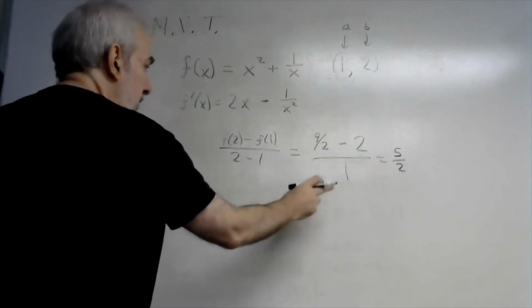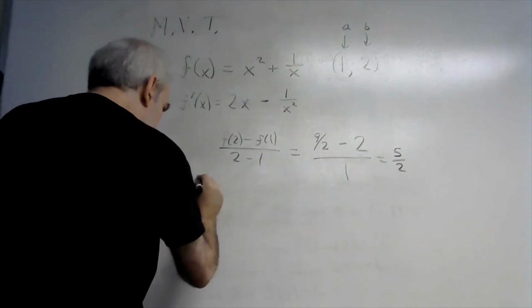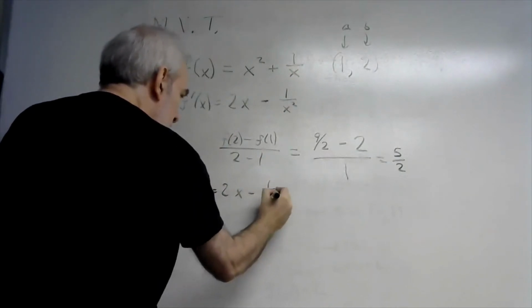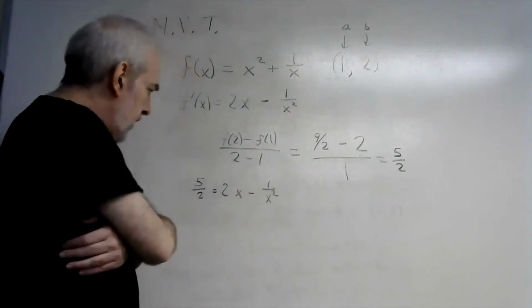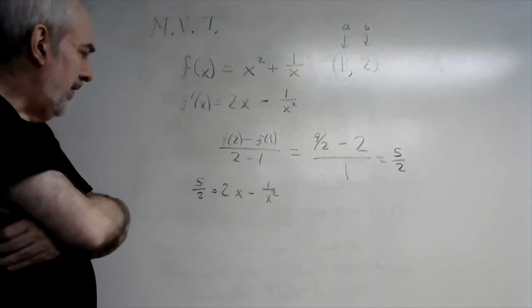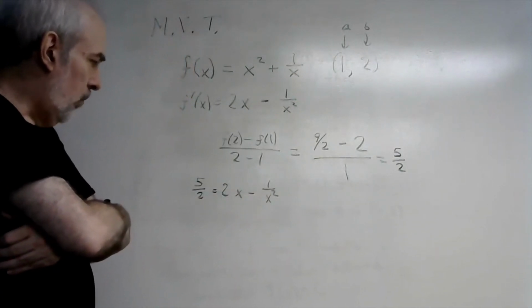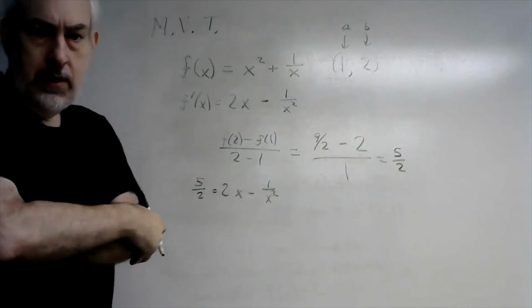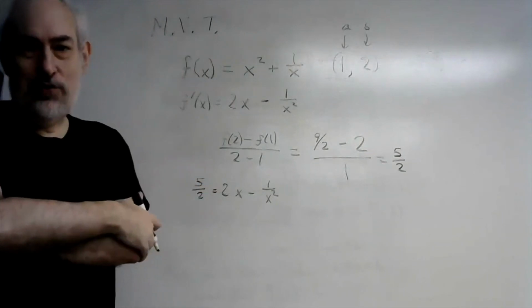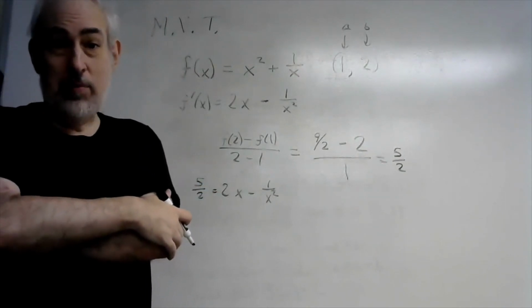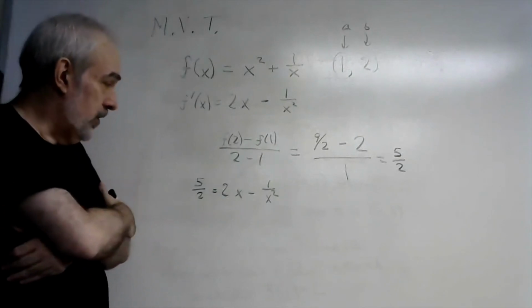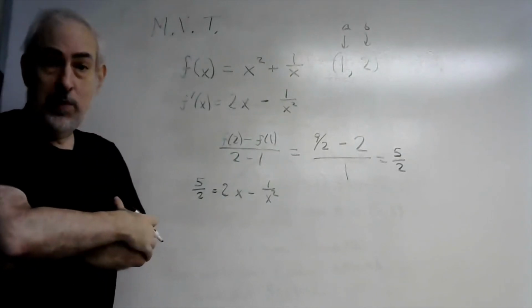Okay, so if we set that equal to the derivative, there should be a value of x that satisfies this equation somewhere between 1 and 2. As it turns out, I think I made this problem a little bit too hard, because in order to solve this equation, you would have to solve a cubic equation.